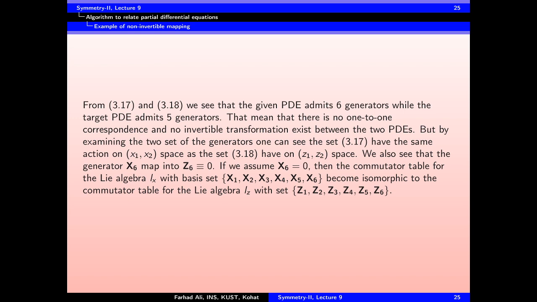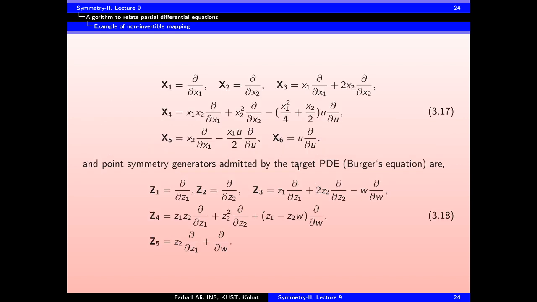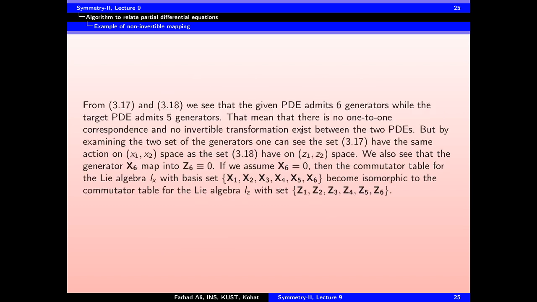So now we take a z6 which corresponds to x6, but we are not taking x6 as given in equation 3.17. This one we assume is 0, so that the mapping can be defined here.